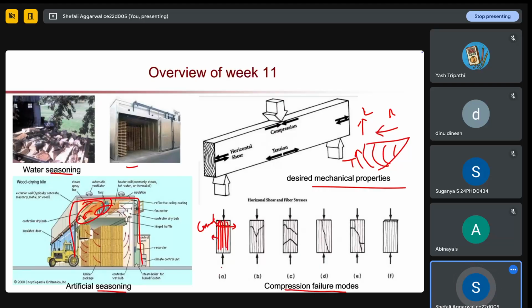In this case it is crushing the wood. And in this case, the crack is not uniform, it is going along the weakest line. That is called wedge splitting. It is forming a wedge kind of thing, so it is called wedge splitting.